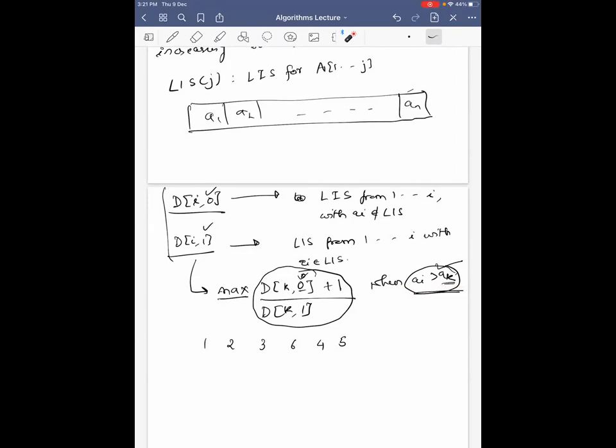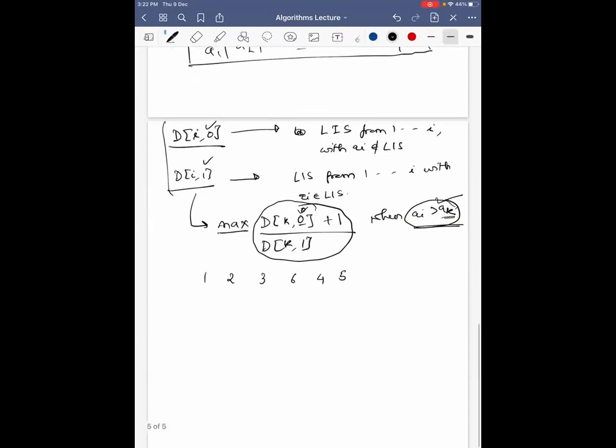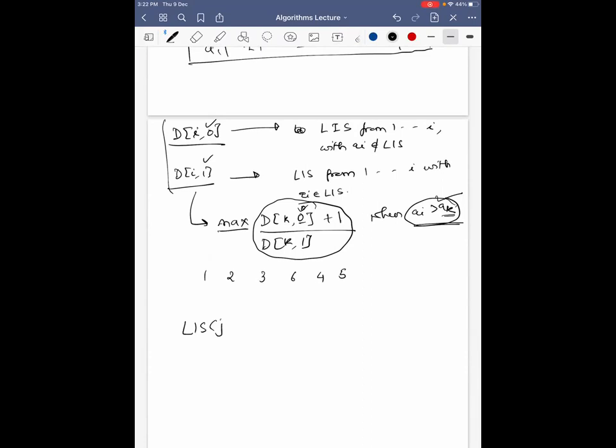For that we would require somehow access to all these subsequences. Maybe if we could have them stored already. Let's define LIS of j, or something like LIS of j comma k.